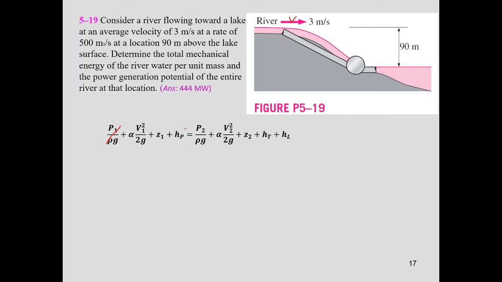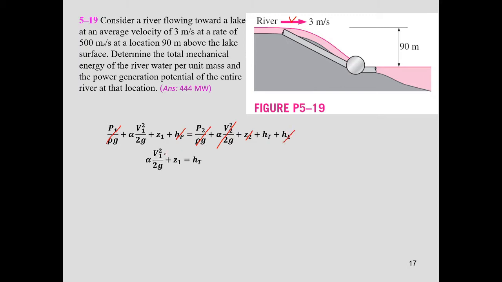There is no pump, so you can cancel the H pump. For point 2 here, it is also open to the atmosphere, then P equal to 0. The V is also almost 0 because the area is too big. Z can become 0 if you consider Z1 is 90. Turbine is the one that we are searching for, and there are no losses given in the system, so you can ignore the H losses.